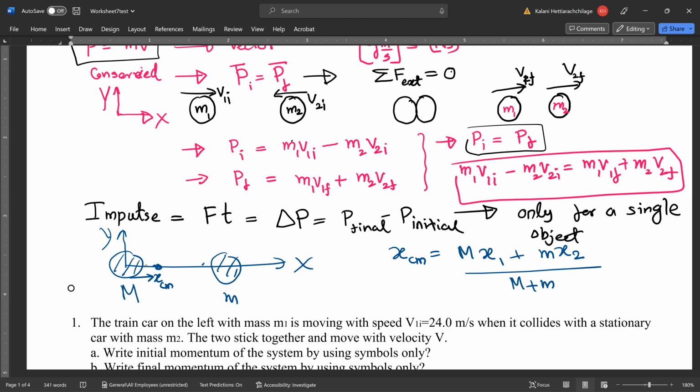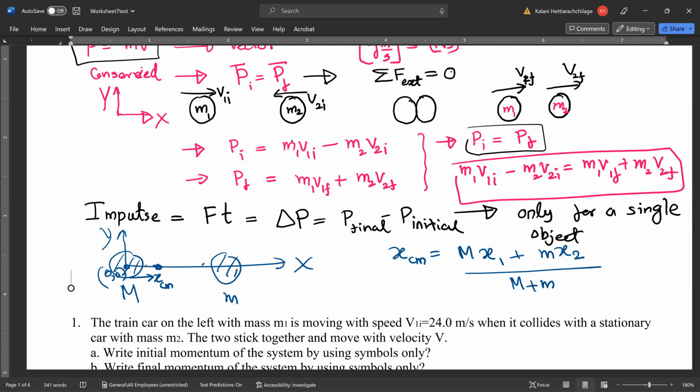If you have 3 masses, you do it for all 3 of them, right? So that center of mass x can be positive or negative depending on your x1 and x2. It's very important that you choose the origin and write this formula carefully, because depending on your origin, your x1 and x2 can be negative or positive, right?